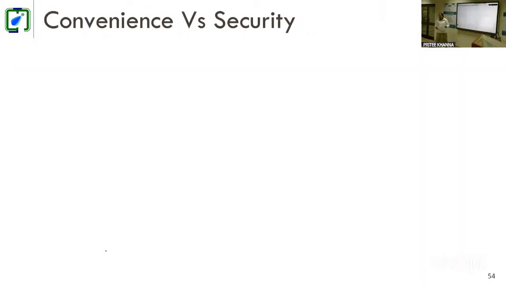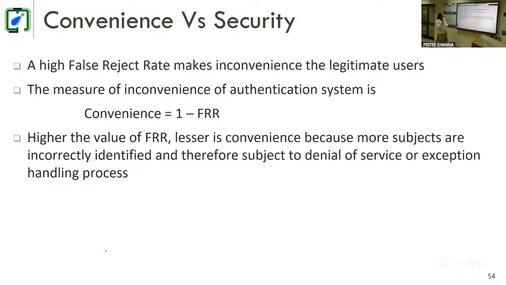Have a look over there and ask questions. Although it is written, now finally we have reached convenience versus security. The measure here is that convenience is always the reverse of false reject. If the false positive rate is high, obviously the convenience will be low.